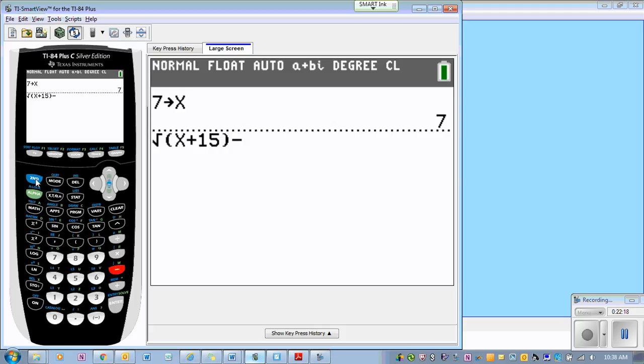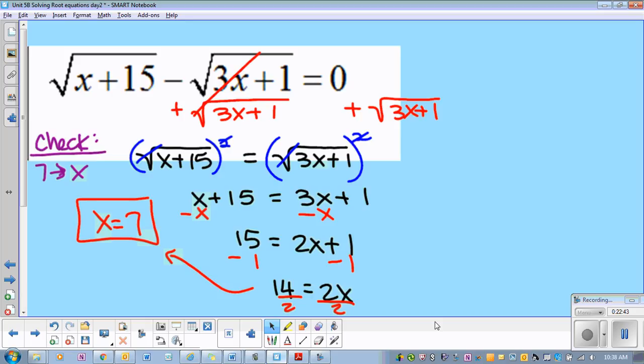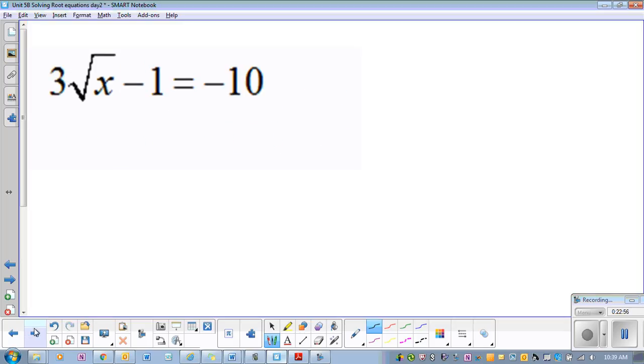And then minus square root of 3x plus 1. And then close again. When I hit enter, you got 0? So is this a solution? Look at your problem. Yeah, it's a solution. We checked it, so I'm going to put yes, it works.